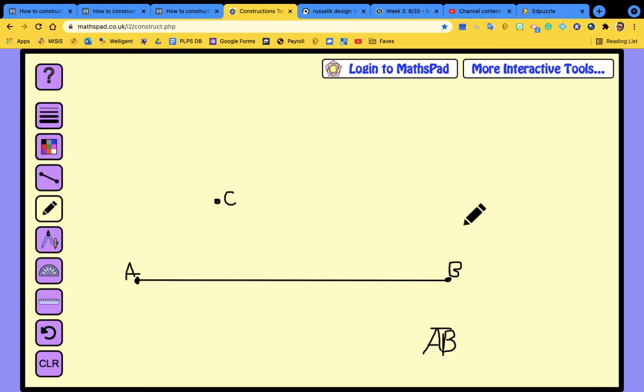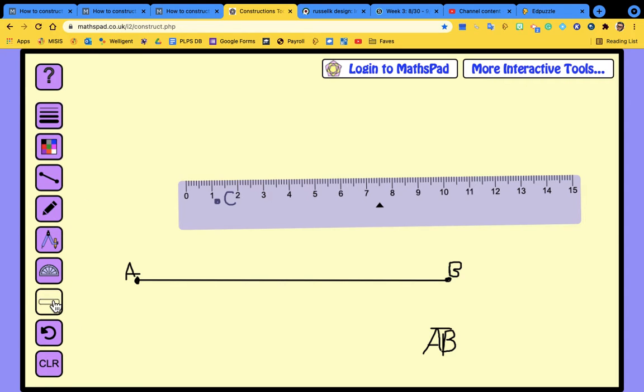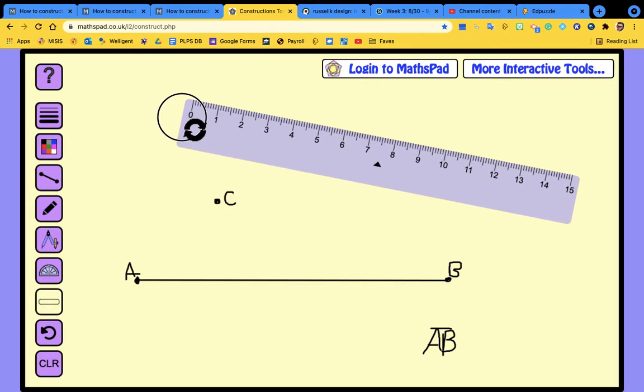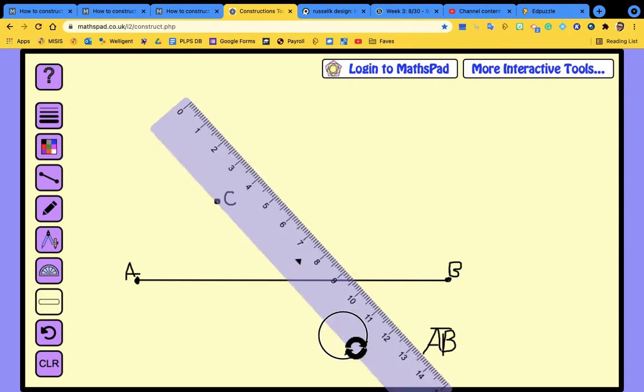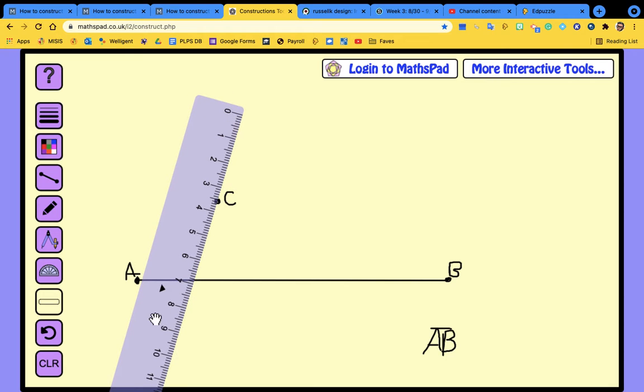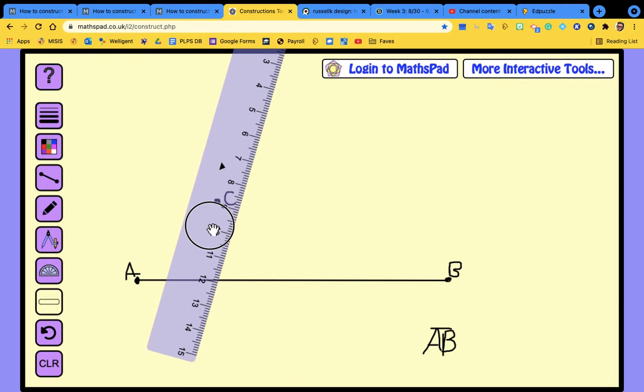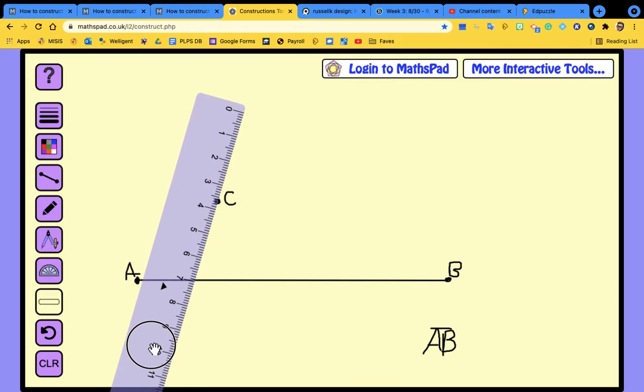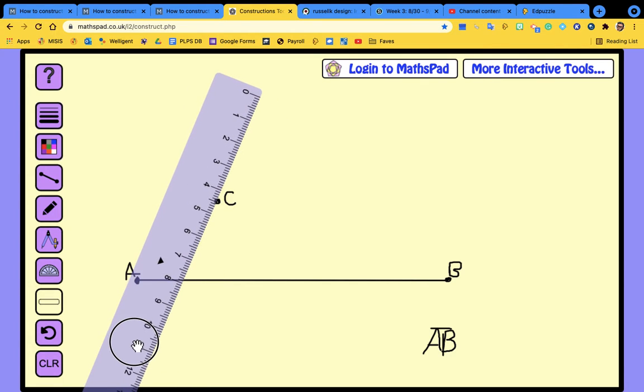All right. Next, I'm going to take my ruler, okay, and watch what I'm going to do. I'm going to draw a line from my C to my segment. But look, if you notice, it's kind of going sideways.